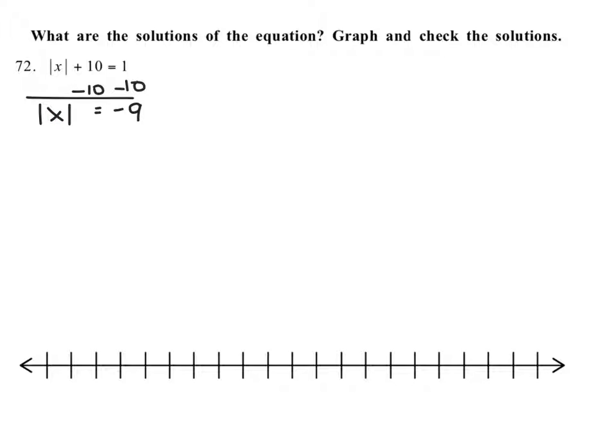We don't know what the number is, but you can't take an absolute value of x and get a negative. It's impossible.